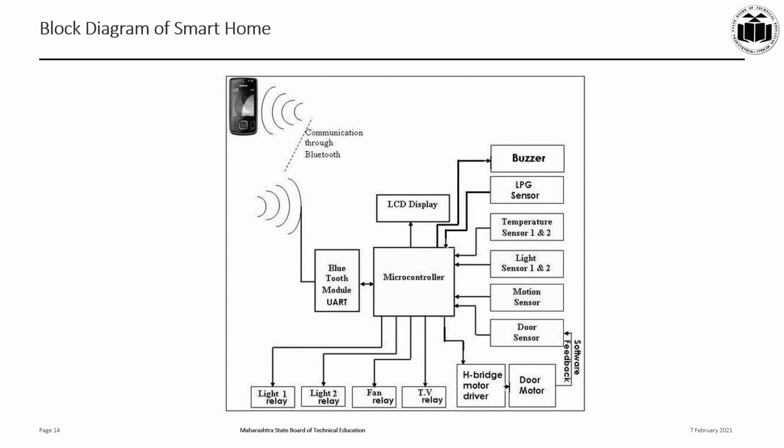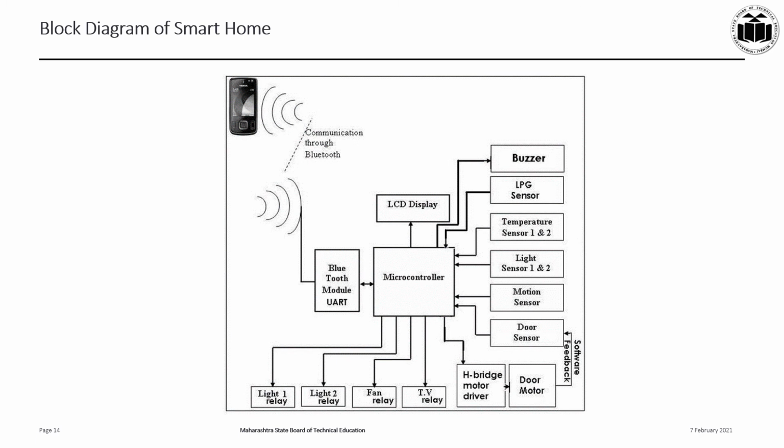This microcontroller also communicates with the mobile app via wireless connection. Using the mobile app, we can control operation of various electronic devices. Apart from this, using the microcontroller, we can also automate the system.